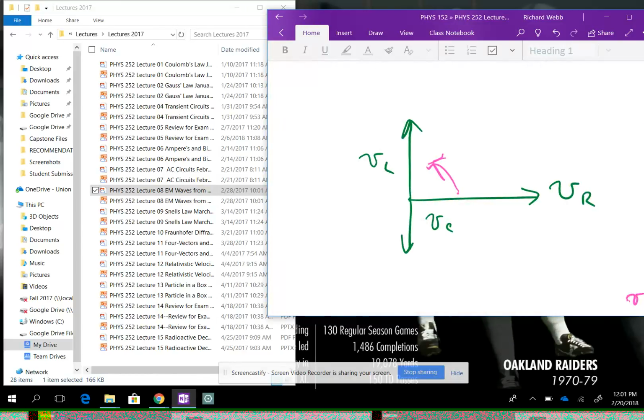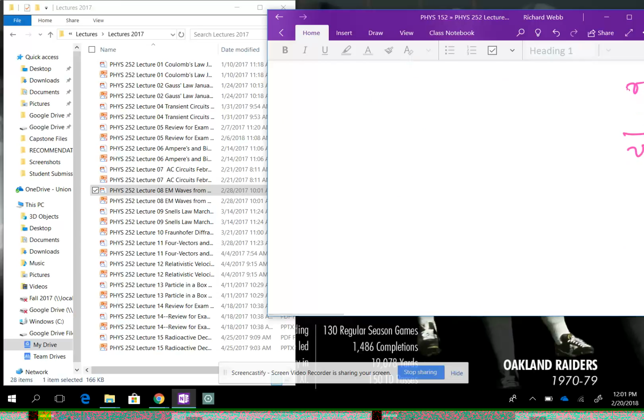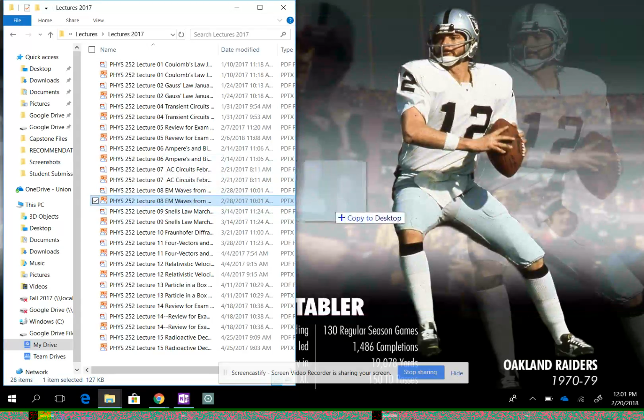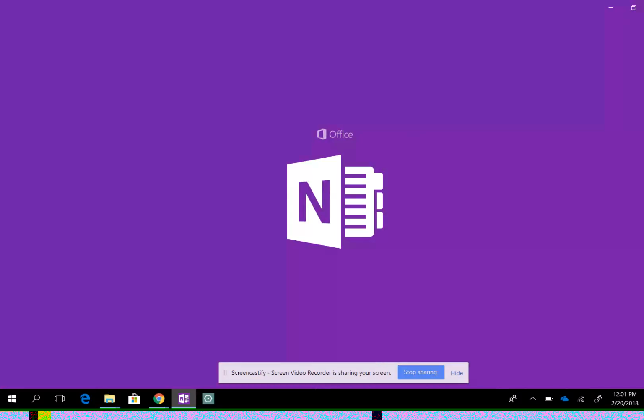Actually, this will work. Maybe it'll work. It's supposed to have done something there. Okay, it crashed. That's what happened. Kind of worked.